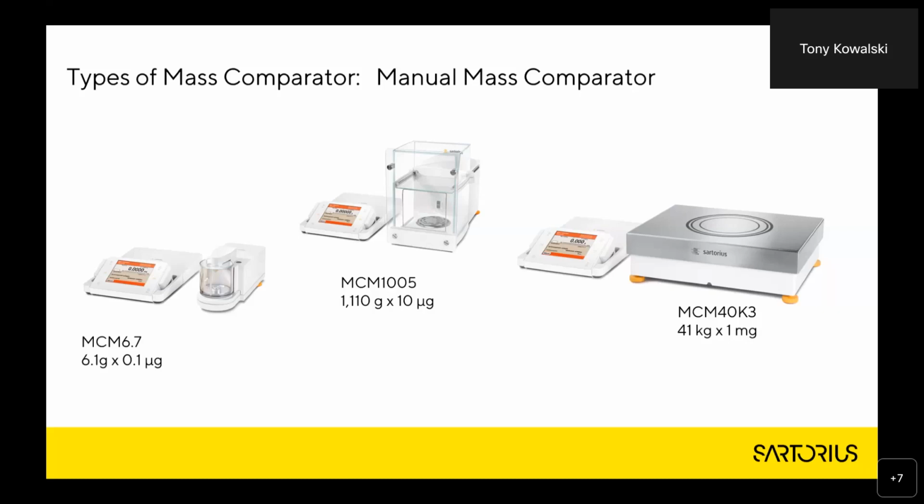Again, a 5 decimal place mass comparator, in this case for calibrating up to 1 kilogram. And for the larger weights, which are maybe 10, 20, and even up to 50 kilograms, models all look the same, much larger weighing platform. No draft shield, but on such an instrument, an external draft shield can be added for the higher classes of calibration.